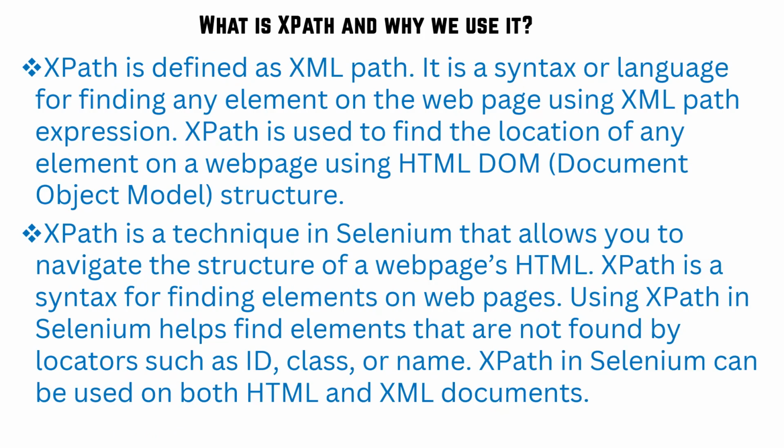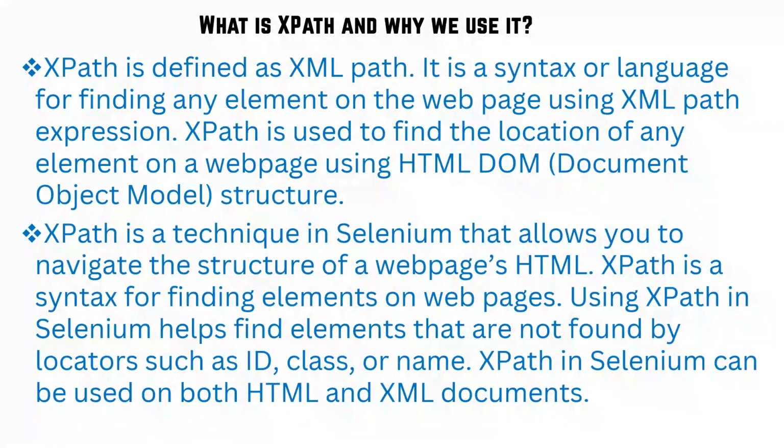Then, you already learned about the 8 element locator techniques like ID, name, class name, tag name, link text, partial link text. Sometimes those references are not available, or maybe available but there is a static and dynamic component. That is the reason your element identification is failing. So you can take help from the XPath or CSS selector.